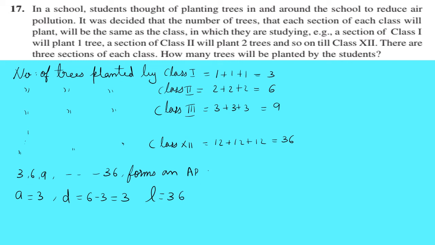You have to find the number of trees planted, and total classes are 12. So n equal to 12, you have to find S12.